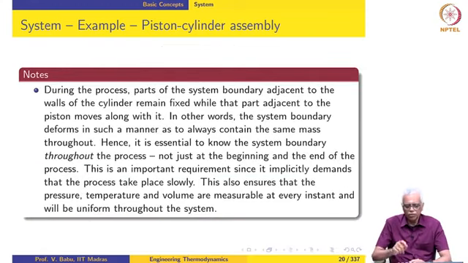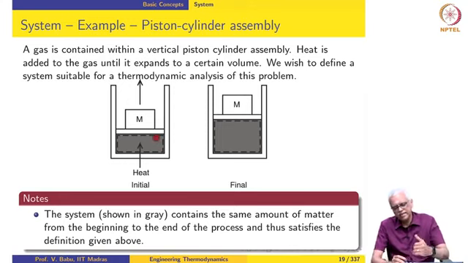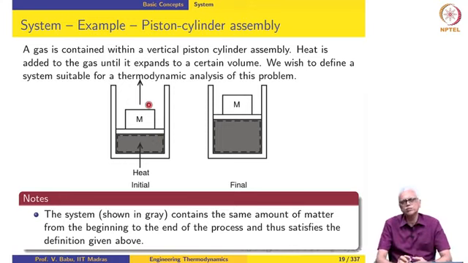Okay. So the requirement that the system boundary should be known throughout implicitly means that the process must take place slowly. It also ensures that the pressure, temperature and volume are measurable at every instant and uniform throughout the system. Notice that if I allow a rapid expansion, then pressure in say this part of the system boundary during the process may be different from the pressure that I am measuring in this part of the system boundary, because the gas there is moving with a considerable velocity.